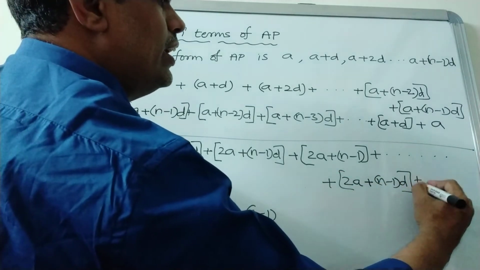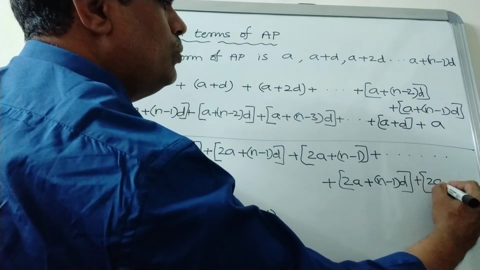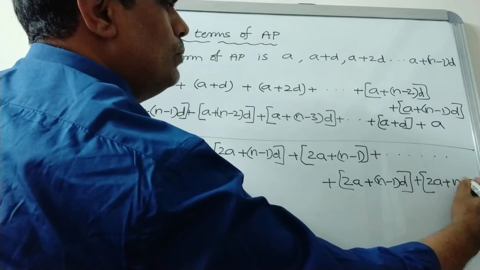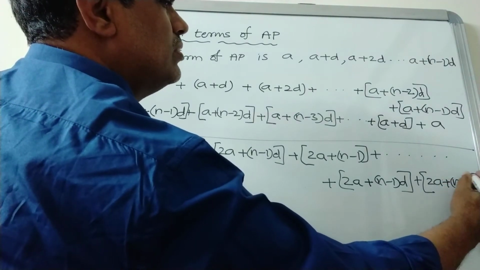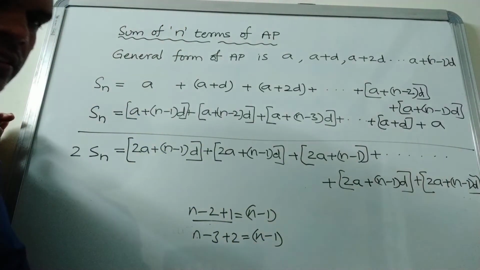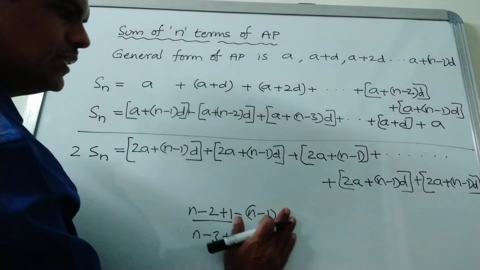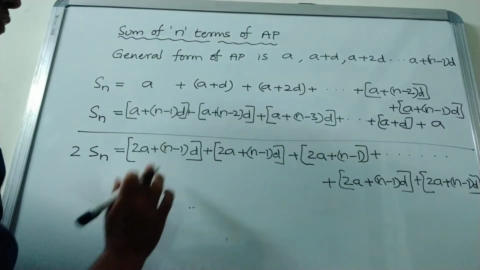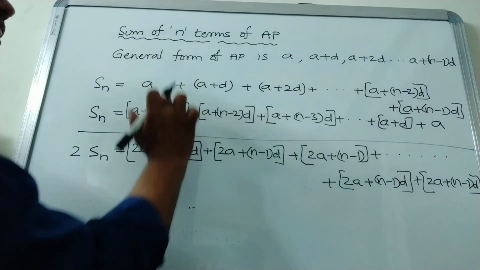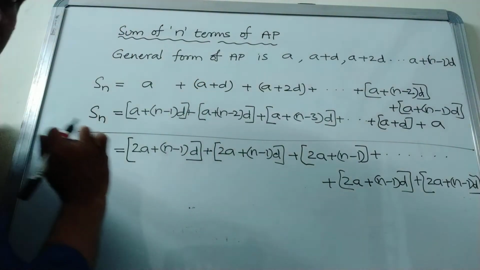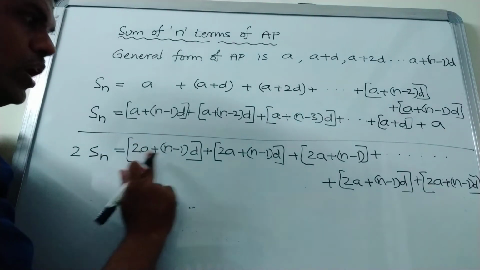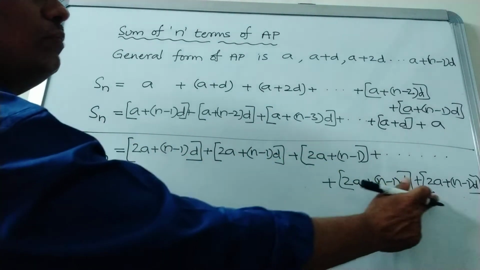So every time I add these two lines, I am getting 2a plus (n minus 1) into d.